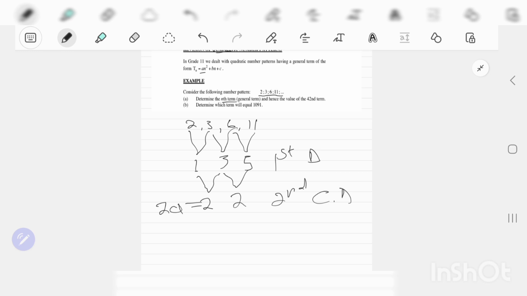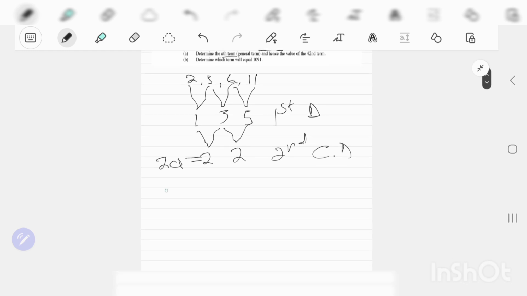You take that value of the constant difference and equate it to 2A, always. Then from there, you can see the only unknown is A. By dividing by 2 throughout, 2A is equal to 2. The value of A is equal to 1. Can you see that, people?